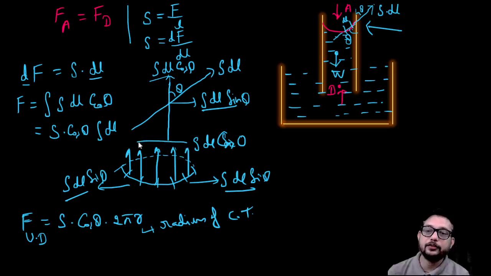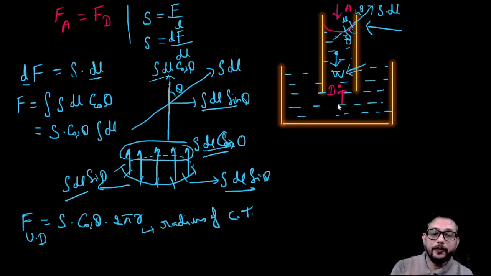This force is in the upward direction, as you can see in the diagram, so the net force will be upward. And one more force is there, that is your capital W, the weight of the liquid inside the capillary tube. Those forces must be balanced.